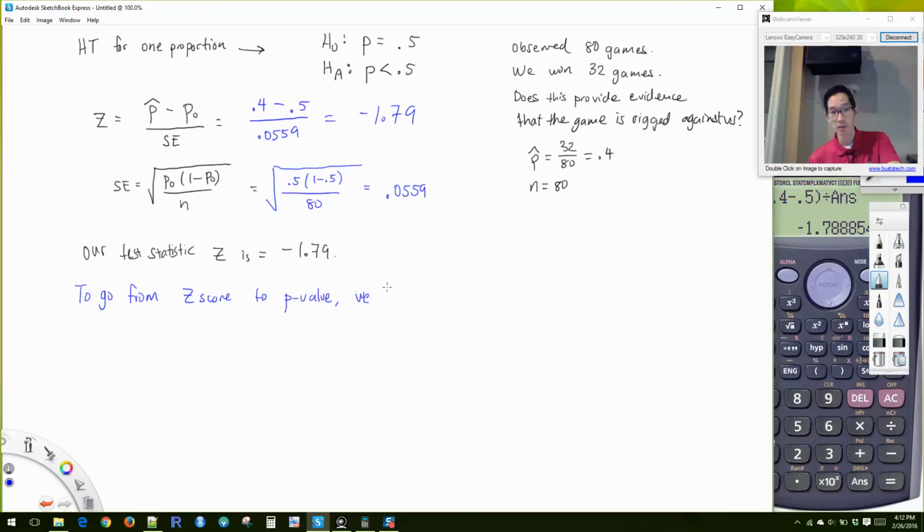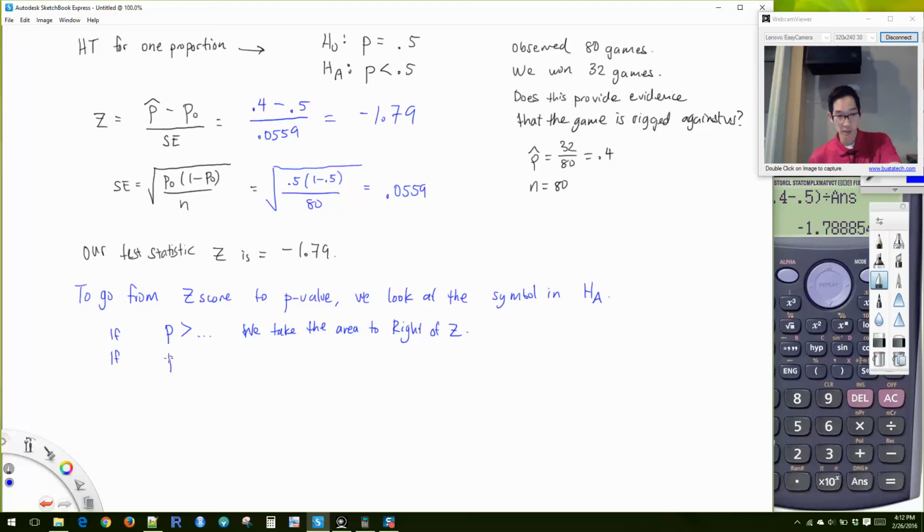we look at the symbol in the alternative hypothesis. Okay, so if there is a greater than sign, like p is greater than some number, we take the area to the right of z.